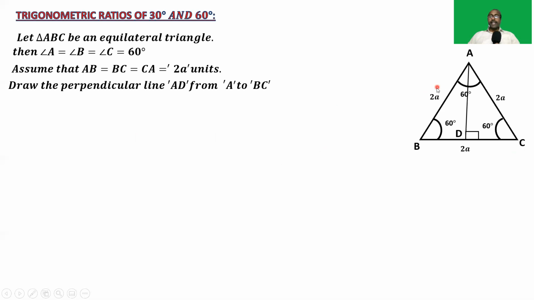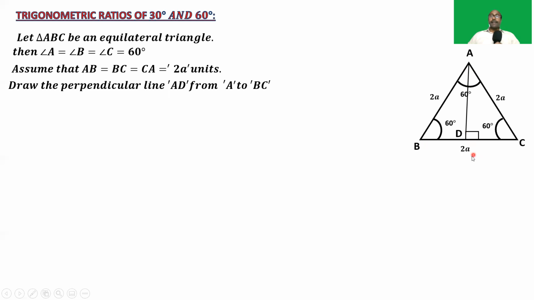In an equilateral triangle, the altitude from a vertex divides the opposite side into two equal parts. That is, the altitude bisects the side. So here AD bisects BC.